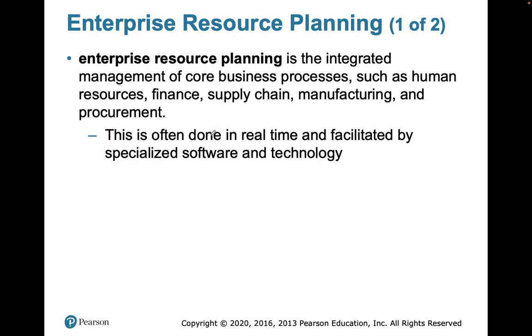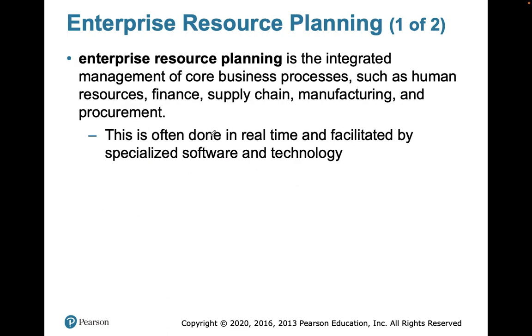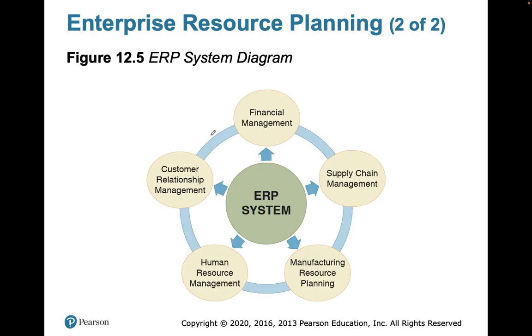There is software designed for all of this. Enterprise resource planning is the integrated management of core business processes such as your human resources, finance, supply chain, manufacturing, and procurement. So we have the ERP. These are all of the factors that make up your ERP system.